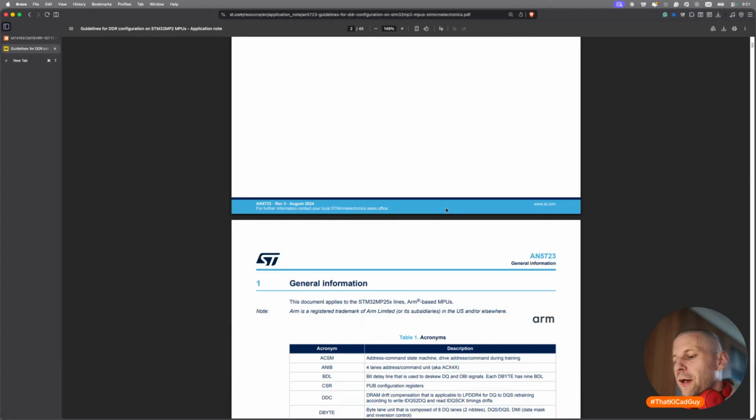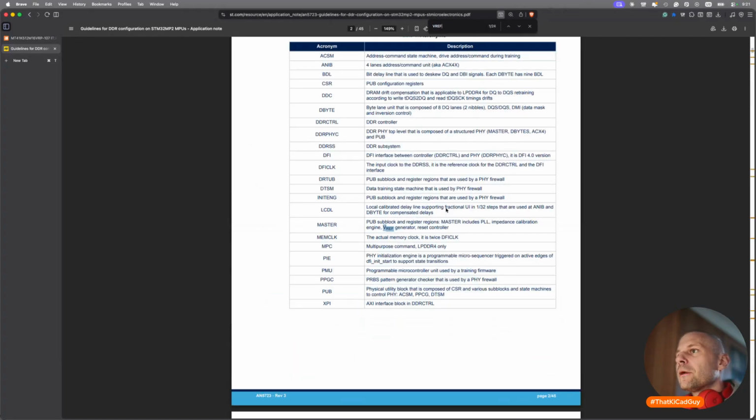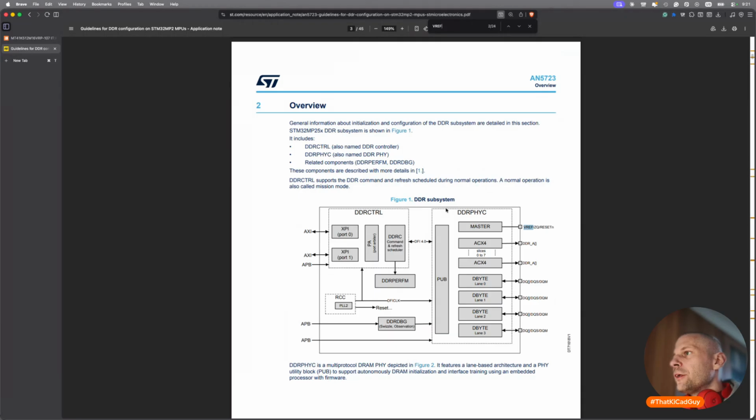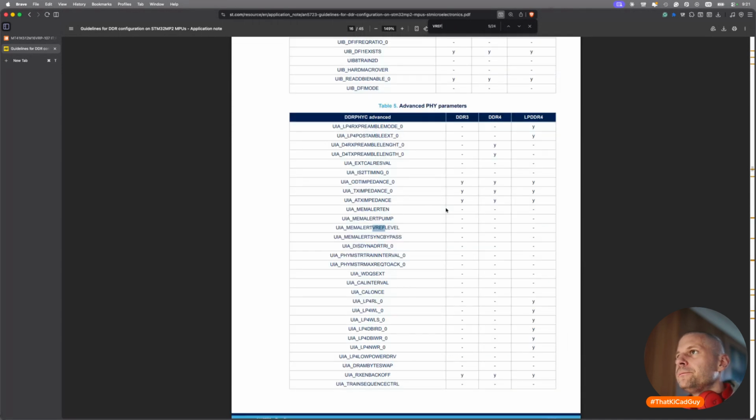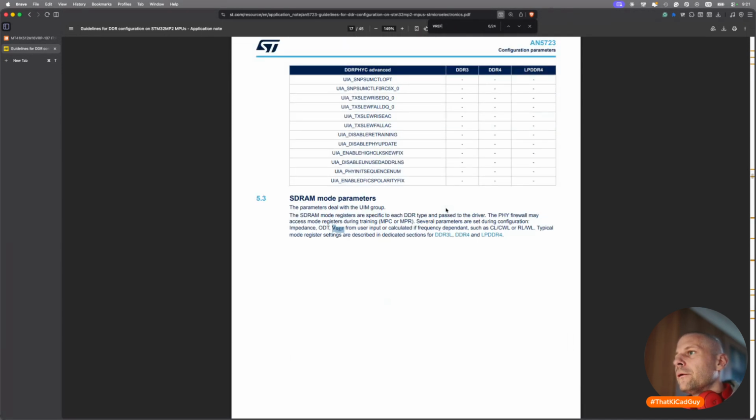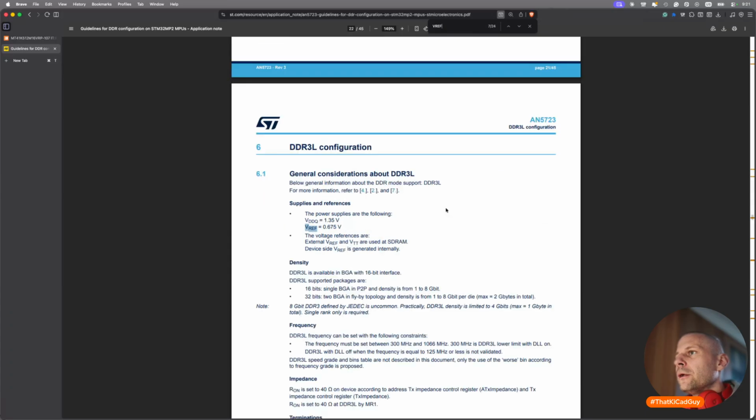Okay, so we are looking for VREF. VREF ZQ reset N. VREF observation only. Typical modes.